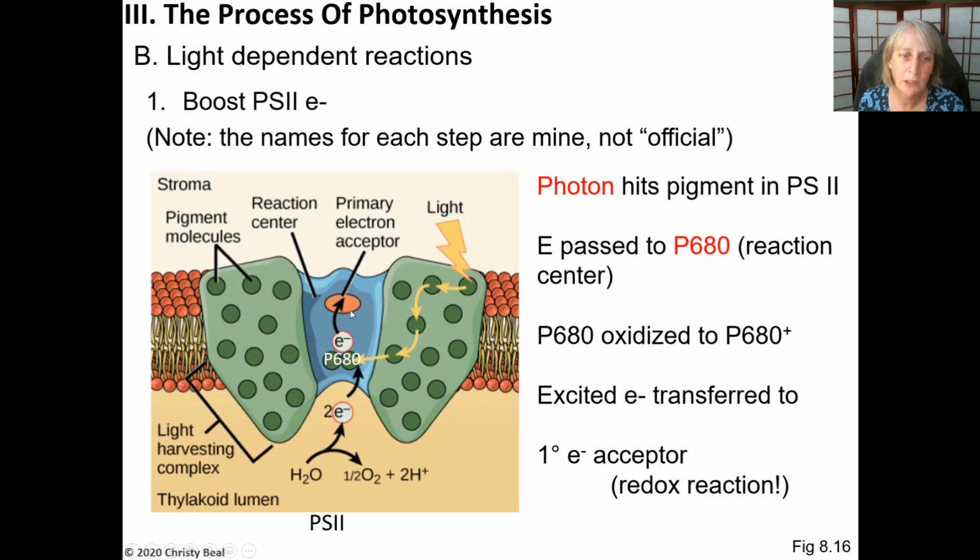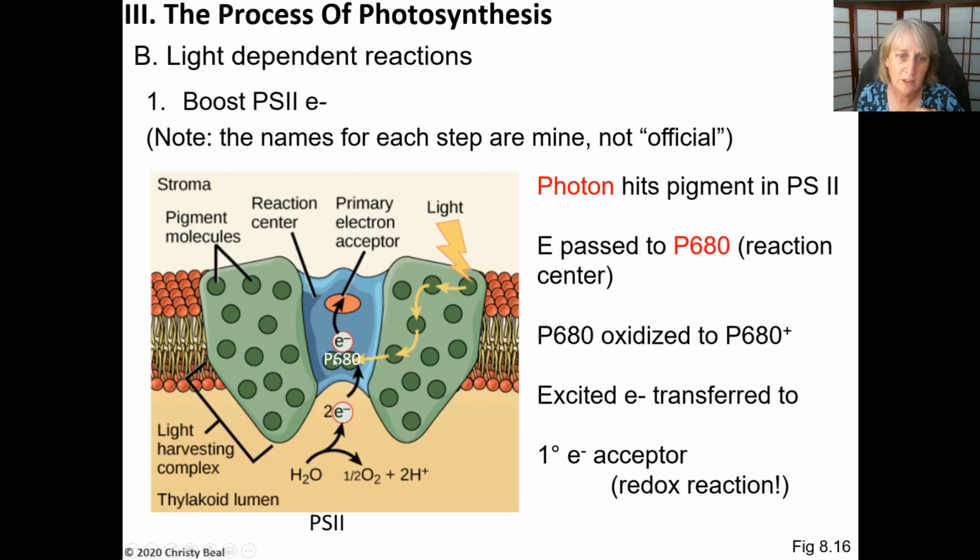The primary electron acceptor is reduced by the electron that left P680, and we're going to pass it on to the electron transport chain. Every time we pass an electron, when it leaves one molecule, that molecule is oxidized. When a molecule gains an electron, it is reduced. So as we transfer our electron to the primary electron acceptor, the primary electron acceptor is reduced.